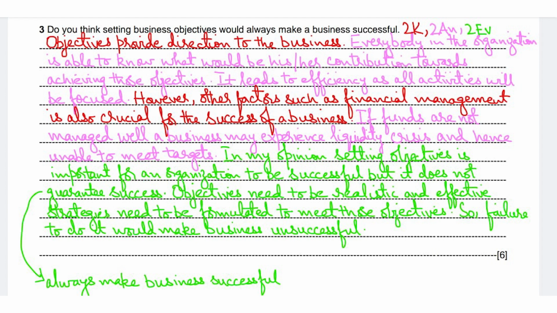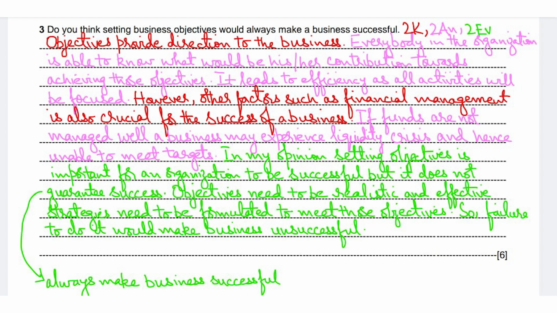Like you won't say that it would be successful or not. I just mentioned the advantage of setting business objectives and one other factor which might be important for business success as well. Now I am addressing the statement of the question. So there are two ways. Now I wrote, but it does not guarantee success, or you can write it does not always make business successful. It's up to you, whatever you choose to write.